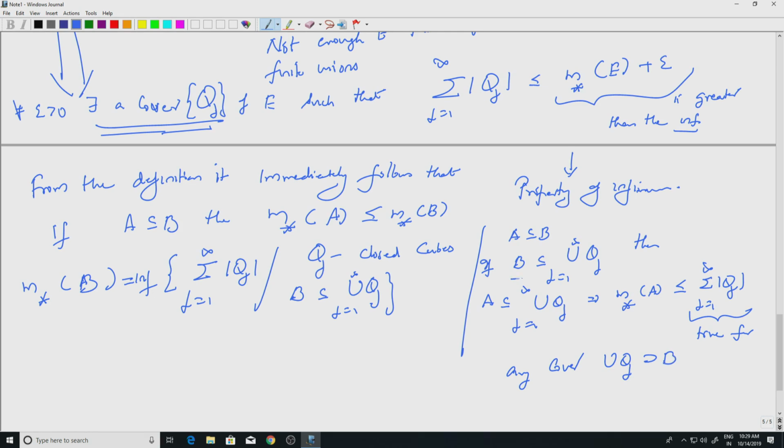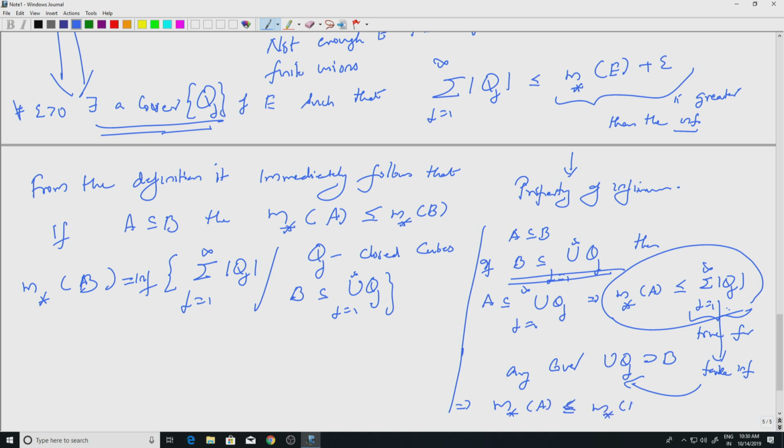We started with a cover of B, and we have proved that m star of A is less than or equal to this quantity. So, I can take the infimum over all such covers on the right hand side, and that will give me that m star of A is less than or equal to m star of B. Okay. So, as the set becomes bigger and bigger, the outer measure also becomes bigger.